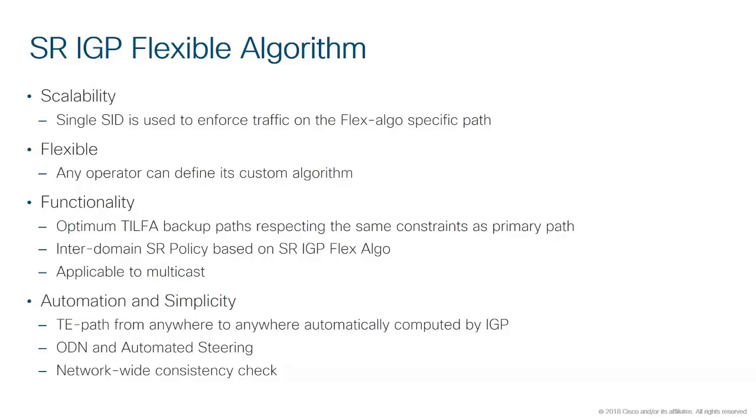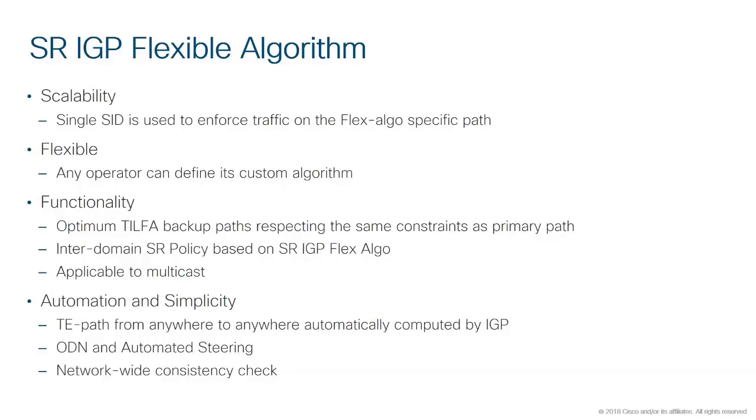Scalability: you need a single label to enforce a path to a distant node with a specific SLA constraint. It's flexible. It's not the IETF who defines the algorithm, it's you. You define it with a minimization: you say which metric to minimize, you say which links to exclude, and you enable which nodes are part of the algorithm.